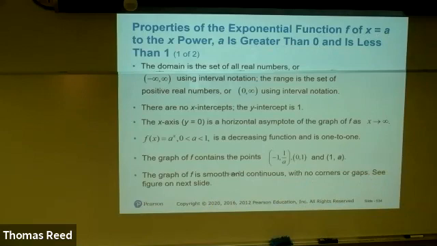So the domain is still all real numbers, and the range is still all positive real numbers. There are no x-intercepts, and the y-intercept is at 1. The x-axis is the horizontal asymptote as x goes to positive infinity. When the base is a fraction between 0 and 1, it is a decreasing function, and it is one-to-one, which means it has an inverse.